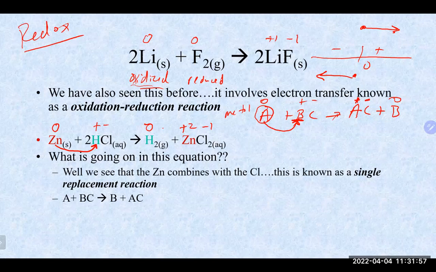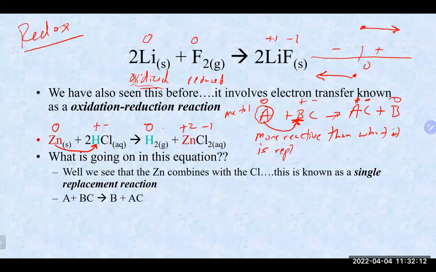Whatever is coming in, in order for the reaction to take place, needs to be more reactive than what it is replacing. If it is less reactive than what it is replacing, the reaction will not take place.